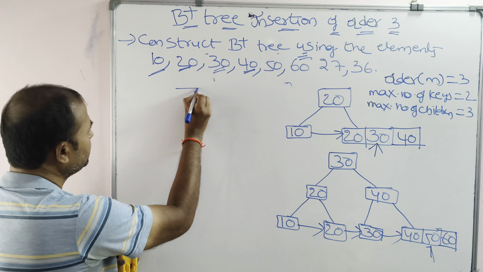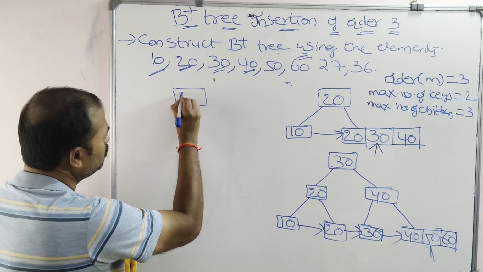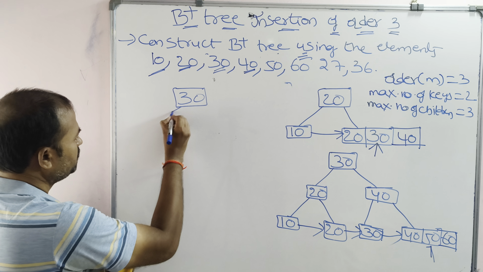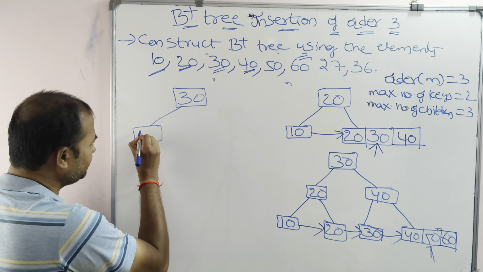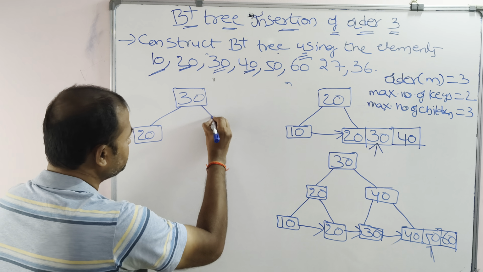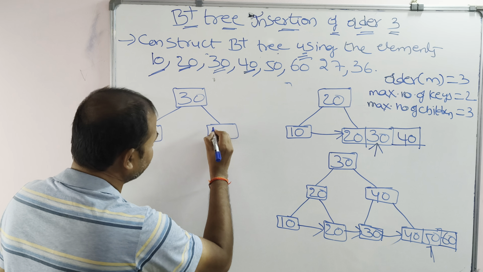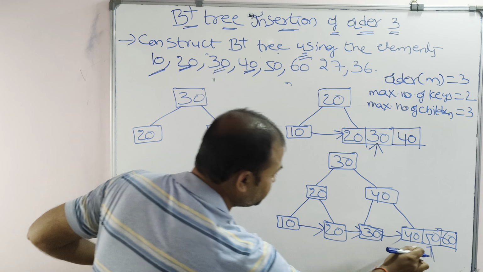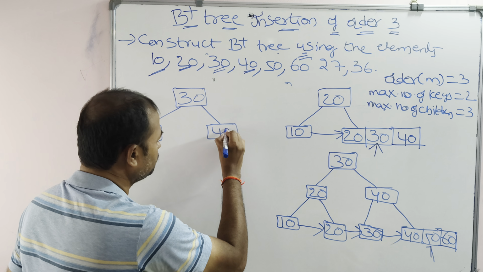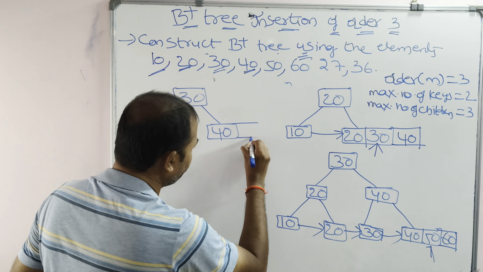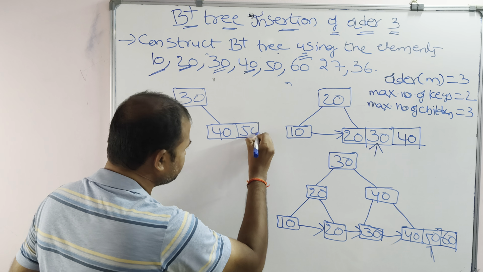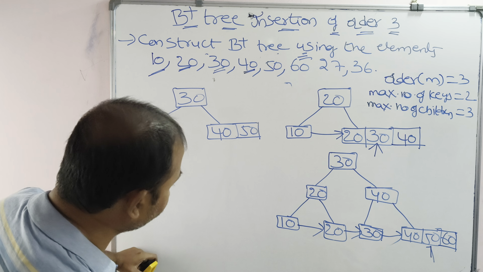So now this 30 is the root. 20 is less than 30. Next 40 is greater than 30. 40 as well as we have 50 also. So the internal node contains 40 as well as 50.